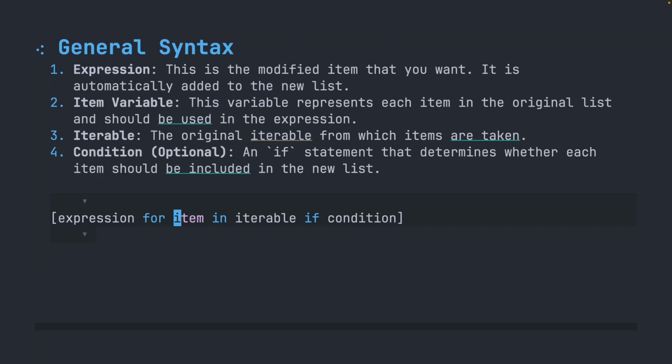So this is kind of backwards from what we normally see. We are assigning the label here, but we're using it in an expression already. So this can be a really tricky point in list comprehensions. Then we use whatever iterable we want. This can be a string, it can be a list, it can be a dictionary, and then finally, this is optional. If you have a condition, it goes at the end.